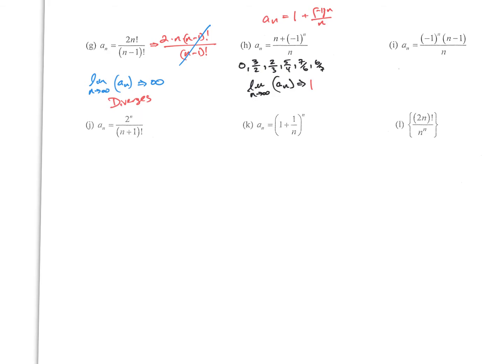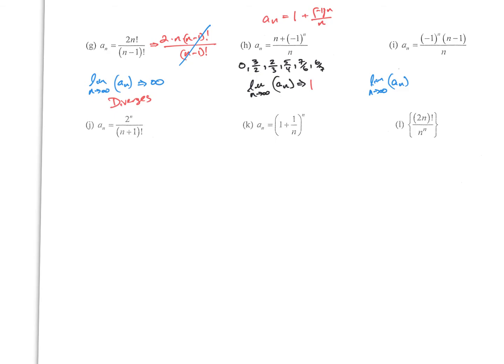All right, let's look at part I. So now if I have to do a limit to infinity, I now have a limit as n approaches infinity of a sub n. Now, let's kind of think about this. If I substitute in infinity, this negative 1 to the power of n is doing what to my... It's coming between negative and positive, right?